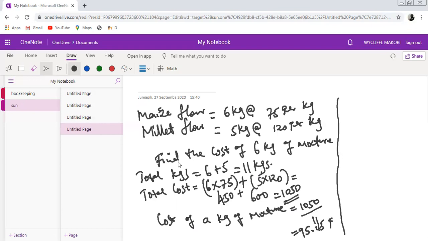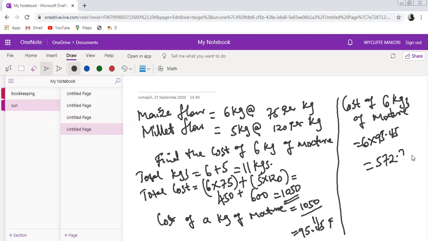Now the question is talking about find the cost of 6 kg. So the cost of 6 kgs of mixture would be equal to 6 times 95.45, which is coming to 572.72 or 73.